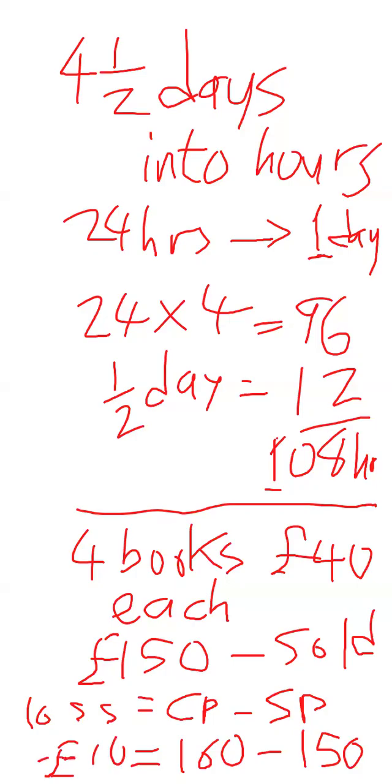Okay, this question was pretty straightforward. All right, nice one. The key thing to take away from this question was that it was very specific about the cost price when it said 40 pounds each, and then the amount he sold it for was 150 pounds, without saying each, which meant that was the total for the selling price.